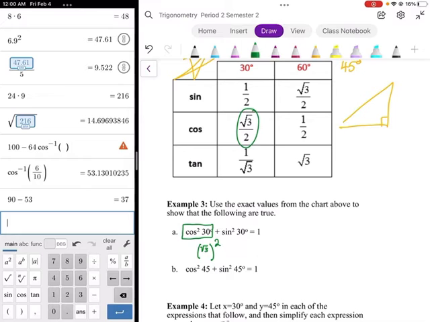So in this example, it would be the square root of 3 over 2. Then we're going to do the same thing for sine of 30, which is 1/2, and we're going to square that. And remember, you square both the top and the bottom number. So we would get 3/4 plus 1/4, which equals 4 over 4, and also equals 1.